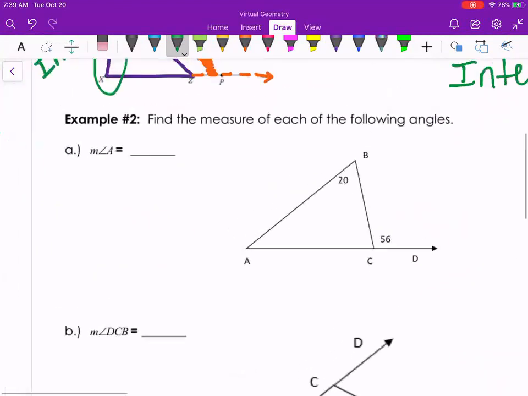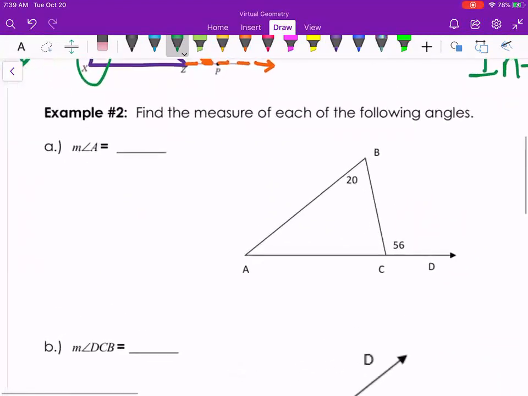So example 2, find the measure of each of the following angles. So this time we're just starting with angle A. So that's this piece down here. Now, if you notice, they've given us an exterior angle. There's my exterior.